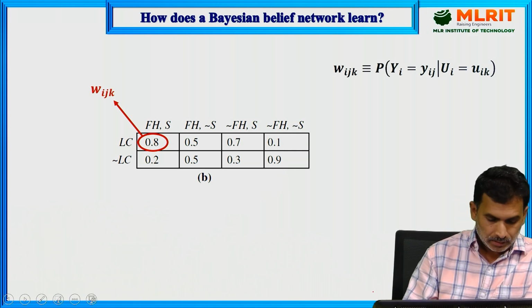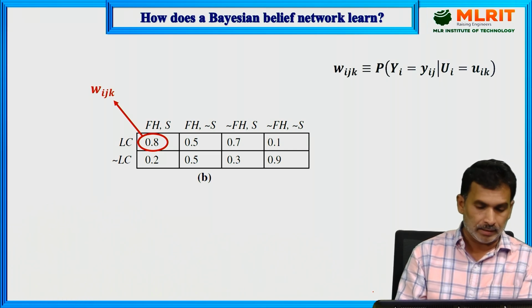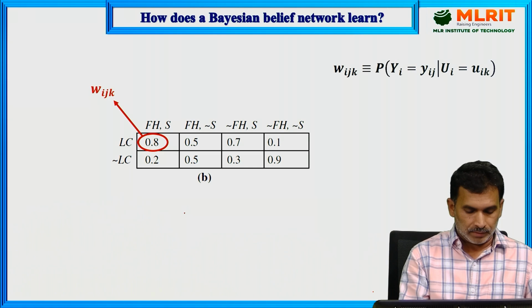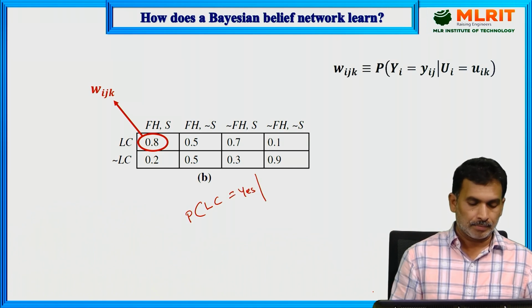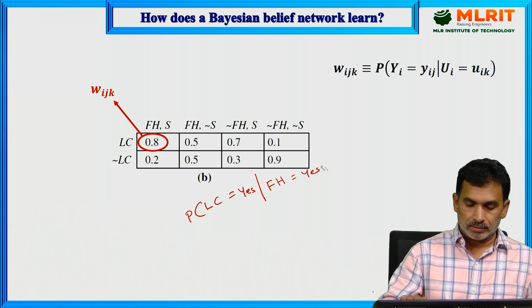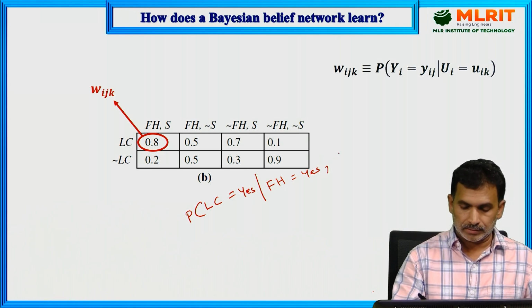Let me write the equation for that conditional probability: the probability of lung cancer LC equal to yes, given the family history, short name FH, equal to yes, having family history, and the smoker yes.